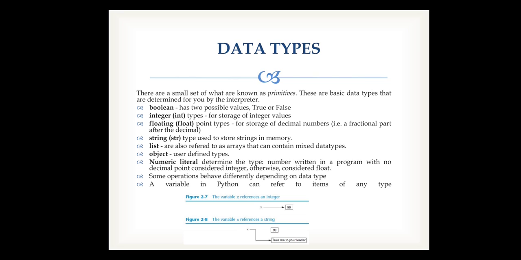Next is object. Object is a user defined type. Next is numeric literal. It determines the type: a number written in a program with no decimal point is considered an integer, otherwise it is considered a float. Some operations behave differently depending on data types.